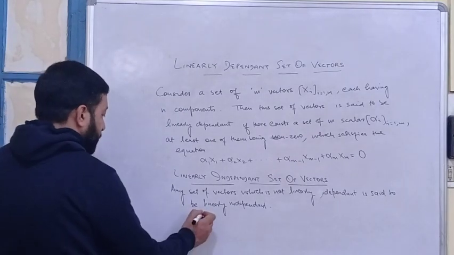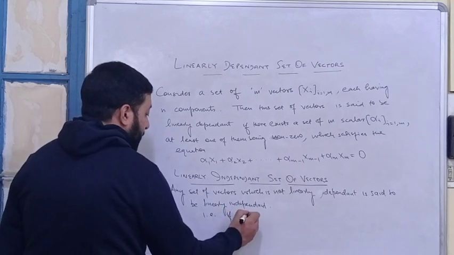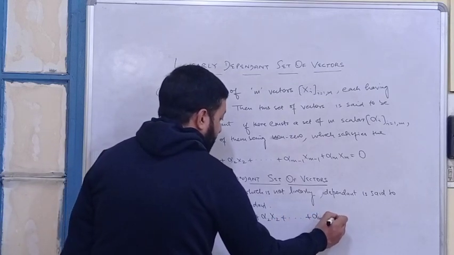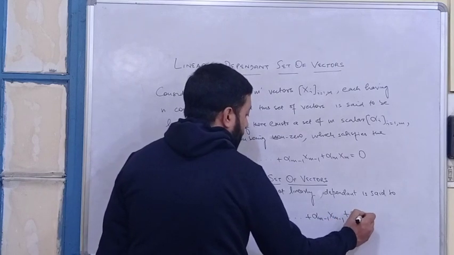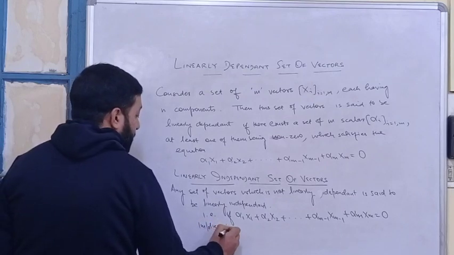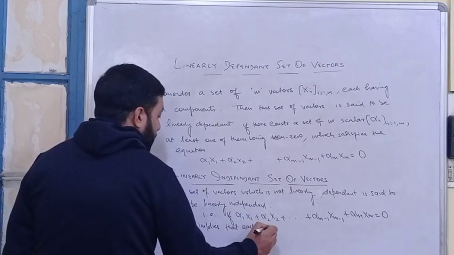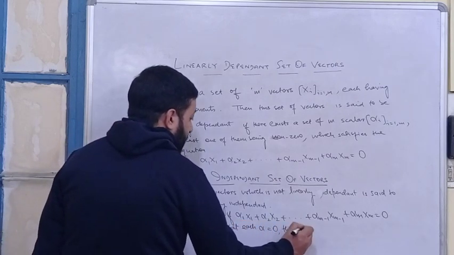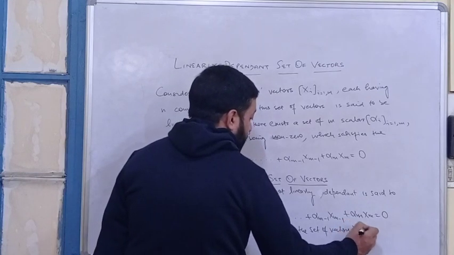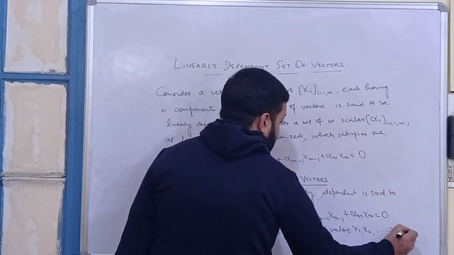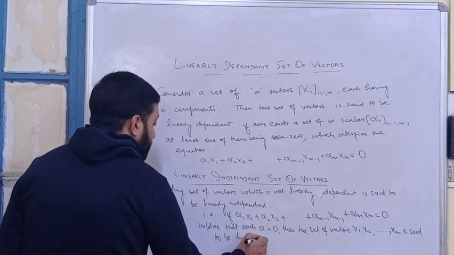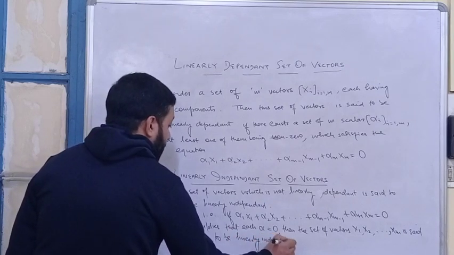So that is, if alpha 1 x1 plus alpha 2 x2 plus so on, alpha m minus 1 x m minus 1 plus alpha m x m equal to 0 implies that each alpha is equal to 0, then the set of vectors x1, x2, so on up to xm is said to be linearly independent. Are you getting me? Yes, sir.